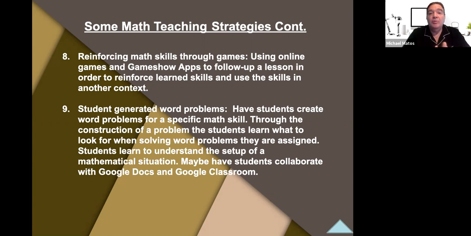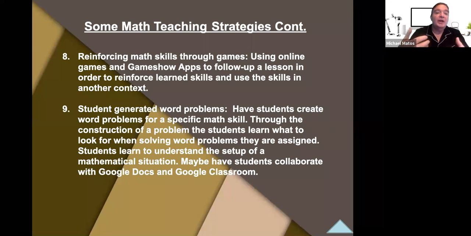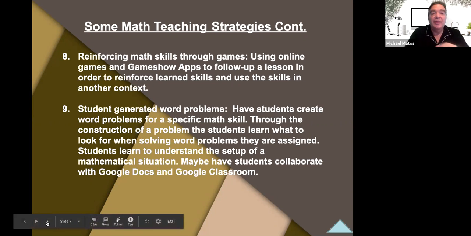Student generated word problems: always a good idea to have your students think about a word problem, relate it to their own everyday life, and see how a word problem is arranged. How it's answered is related to how it's arranged. So understanding how it's arranged will help them figure out a word problem and organize the equation that comes out of it.